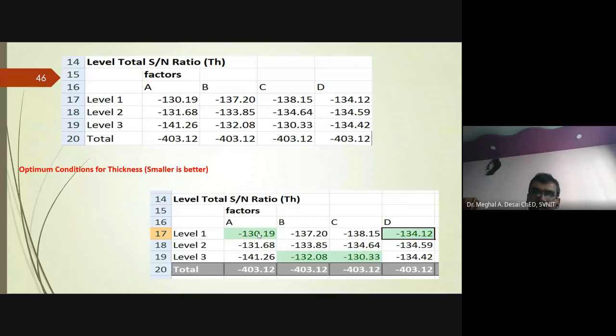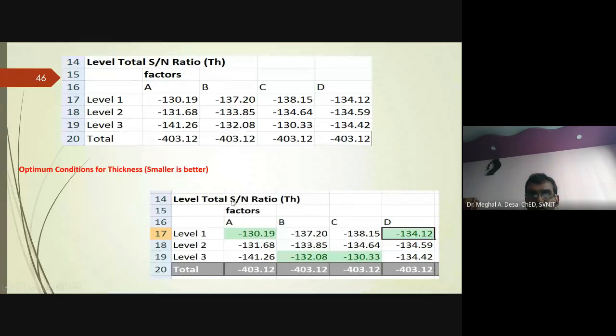For higher the better it was 1 divided by y square. For smaller the better it was y square. So that requirement of the objective, smaller the better, higher the better, or target, we have taken care of while treating the signal to noise ratio.